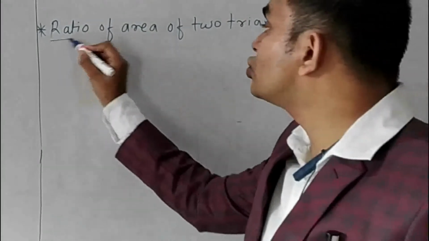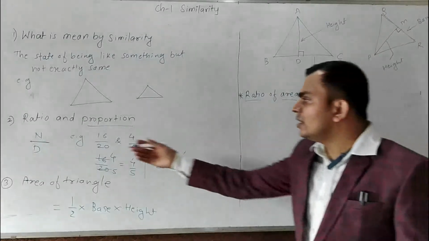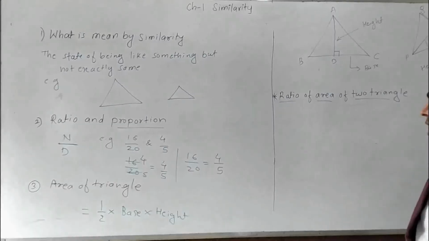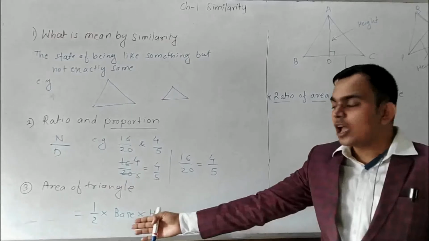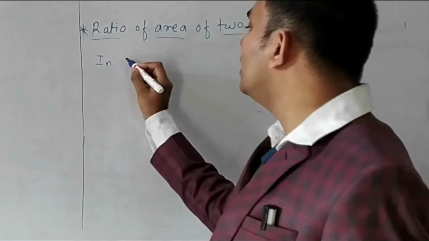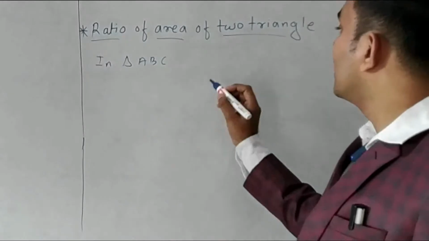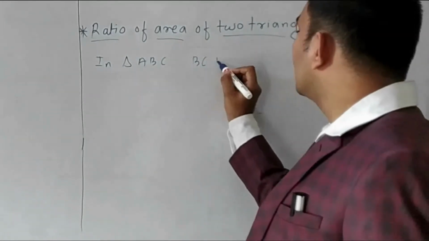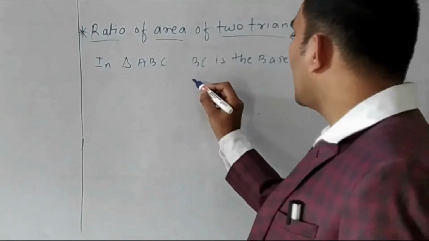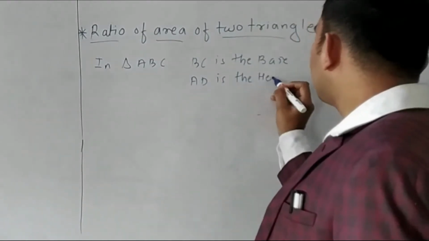We'll move to the ratio of areas of two triangles. As you know, ratio means numerator upon denominator. So we have to divide the areas of the two triangles, and we know that the area of a triangle is half into base into height. Suppose we take an example, triangle ABC.